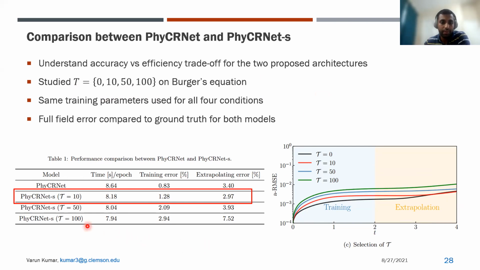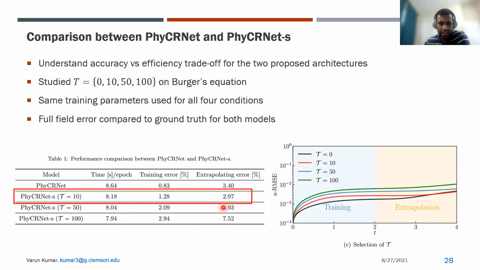Overall, with increasing cycle index, the number of times the input to the next time step is fed from the first time step is lowered, which means that as you increase this parameter t, the accuracy of the model starts to reduce, but you start to get more efficiency from your model.